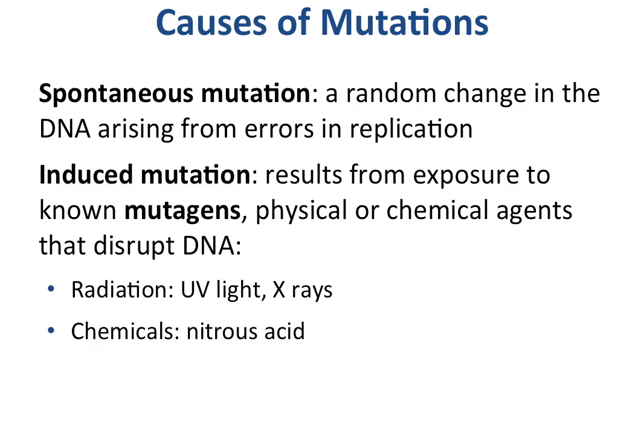The spontaneous mutation is a random change during the DNA replication. The effect of the spontaneous mutation is mild, so it can be corrected by the DNA polymerase very easily.